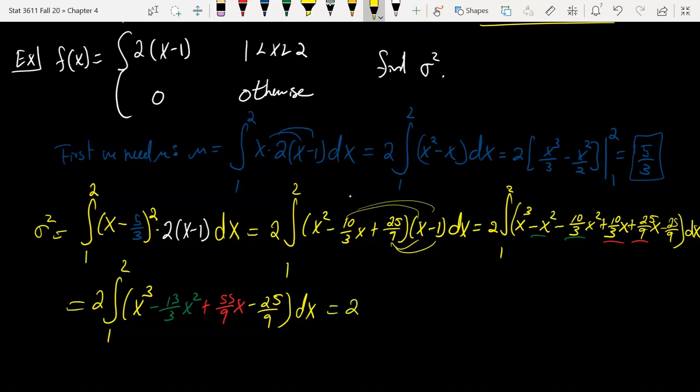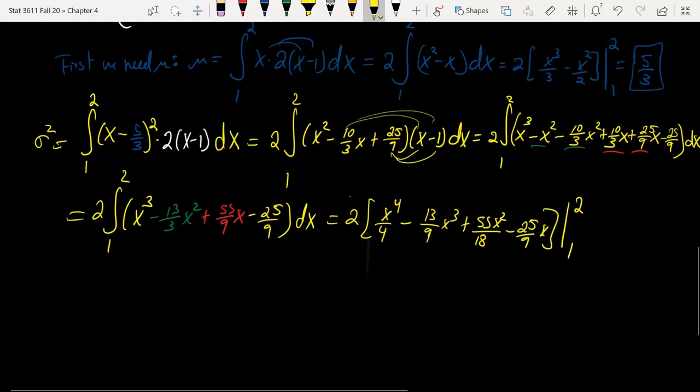2 times, what do we have here? X to the 4th over 4, then minus 13 over 3 times x cubed over 3, so 13 over 9 x cubed, plus 55 x squared over 2, so 55 x squared over 18, minus 25 over 9 x, and evaluate that from 1 to 2.